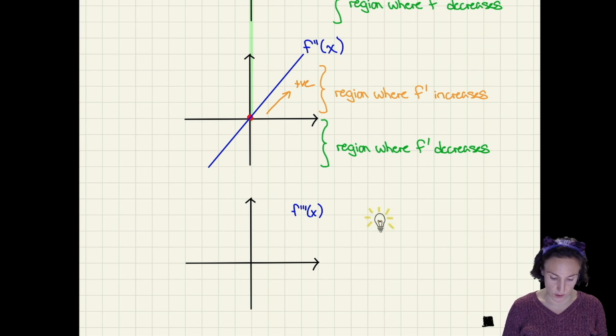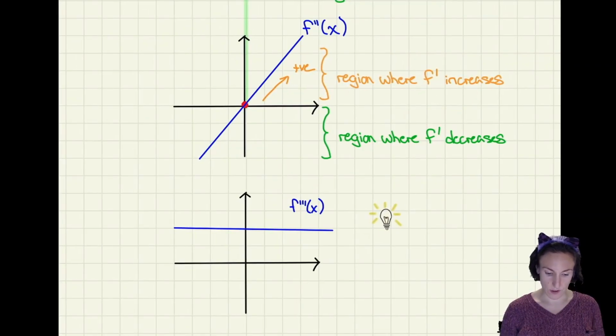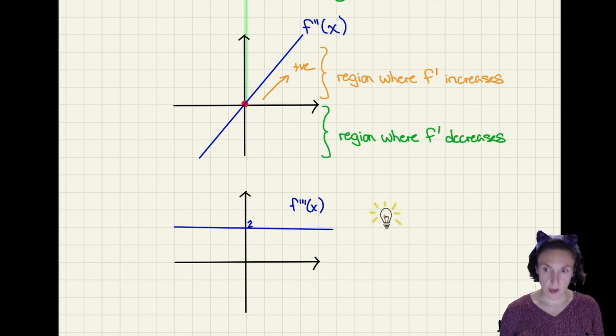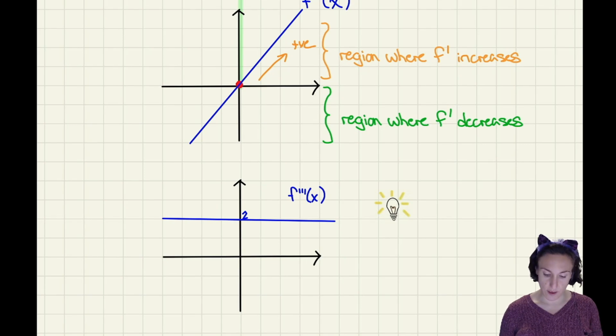So it would correspond to whatever the slope of that tangent line is. Now in this case, I think it's actually 2. So this value would correspond to m is equal to 2. But again, the reason why that line is there is because the slope of the linear function is positive.